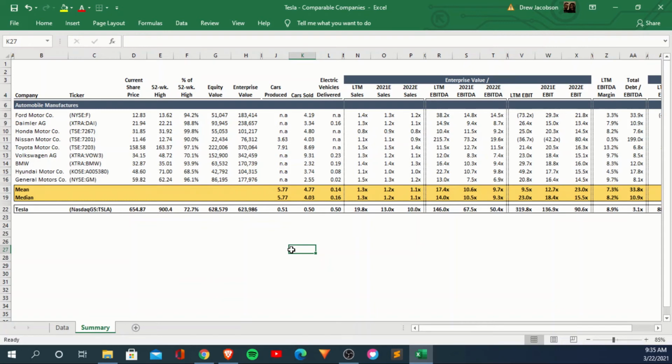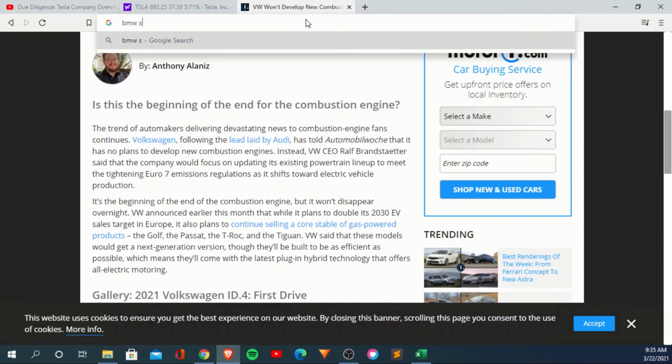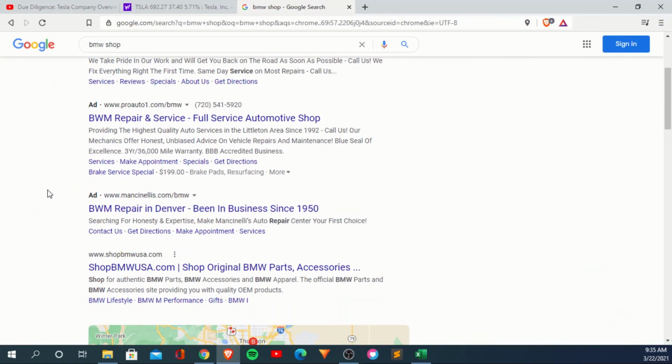87% of their revenue comes from selling electric cars. That's really their bread and butter. And some of these other companies have other things too, right? Like BMW, I don't know how much of their sales is going to be from other random stuff, but BMW sells stuff other than cars.